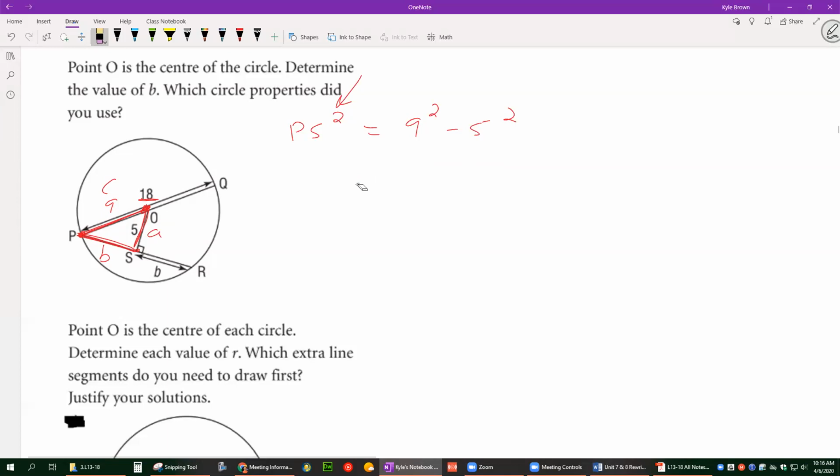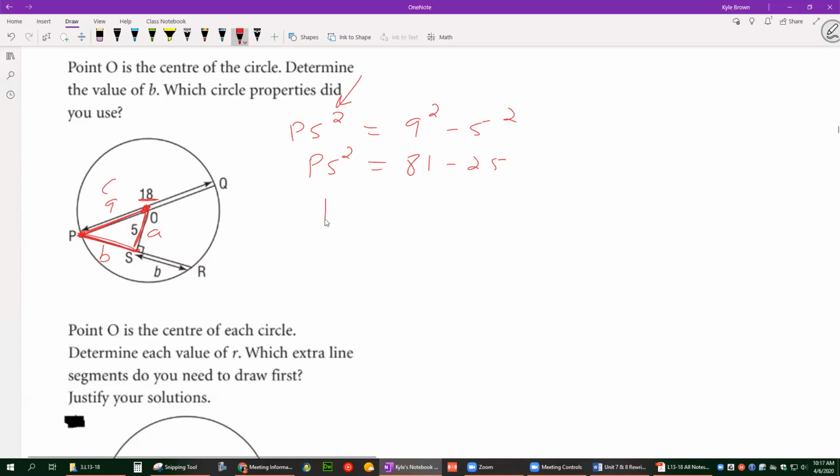So let's actually do that. PS squared is equal to 81 minus 25. Here, actually, I'll do the middle step there.